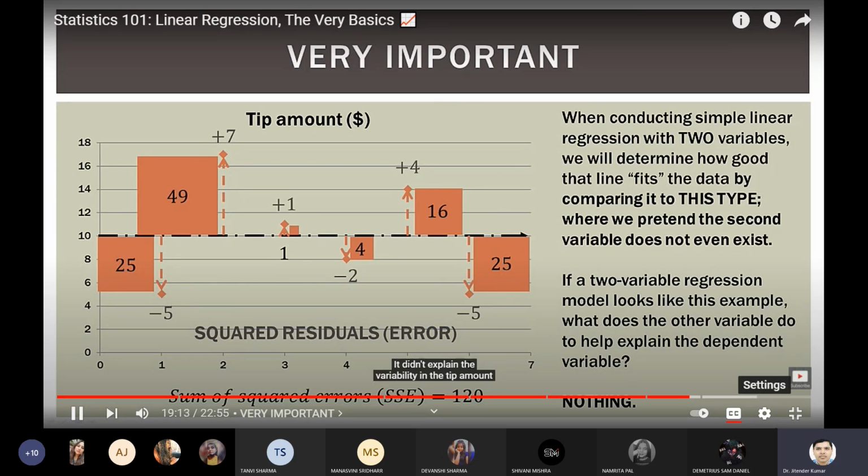It didn't explain the variability in the tip amount any more than the tip amount itself did. So we're always comparing our simple linear regression best fit line to this one. Basically, the mean of the dependent variable alone.